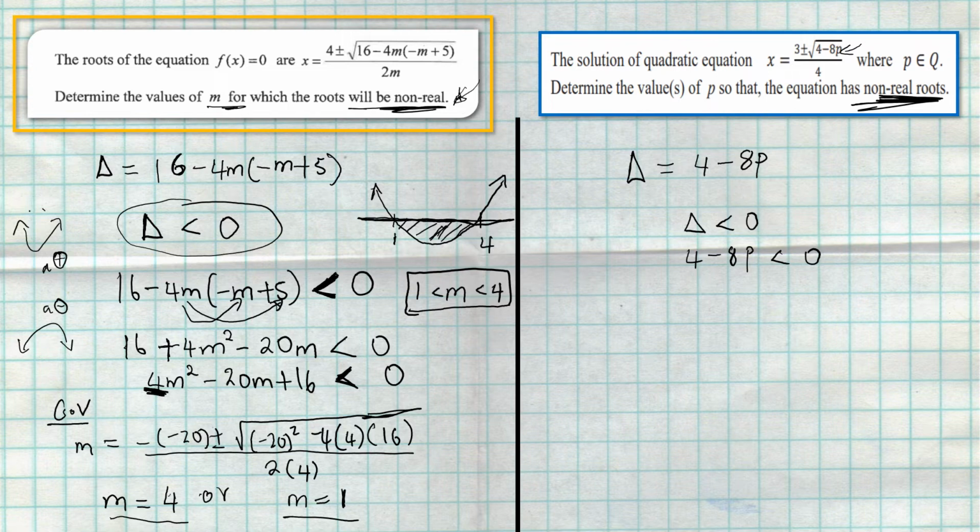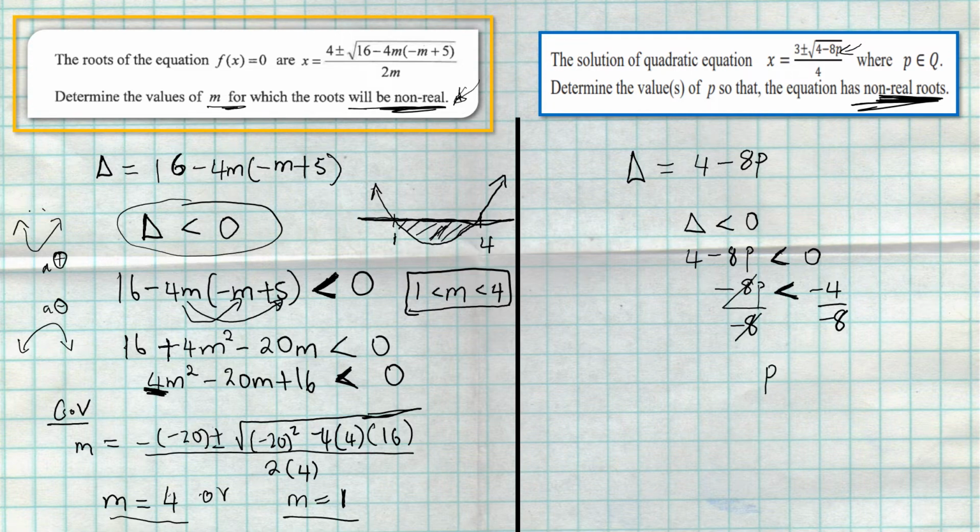Can you see? So I'm going to take my 4 to the other side, and it's going to be minus 4, divide both sides by negative 8. Don't forget, I think in grade 10 you learned that when you divide or multiply by a negative, your inequality sign must change its direction.